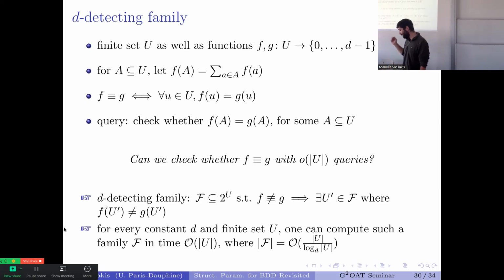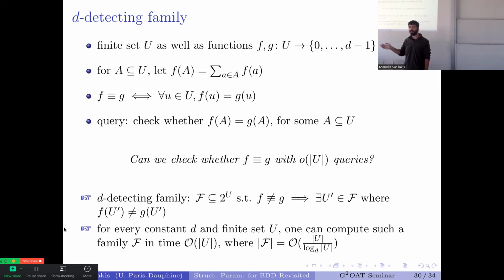And there is this theorem that for every constant d and finite set U, one can compute such a detecting family in time linear in the size of your universe. And actually, the size of the detecting family is U over log U. So it's not linear, it's less. Okay, so this is what we will use.